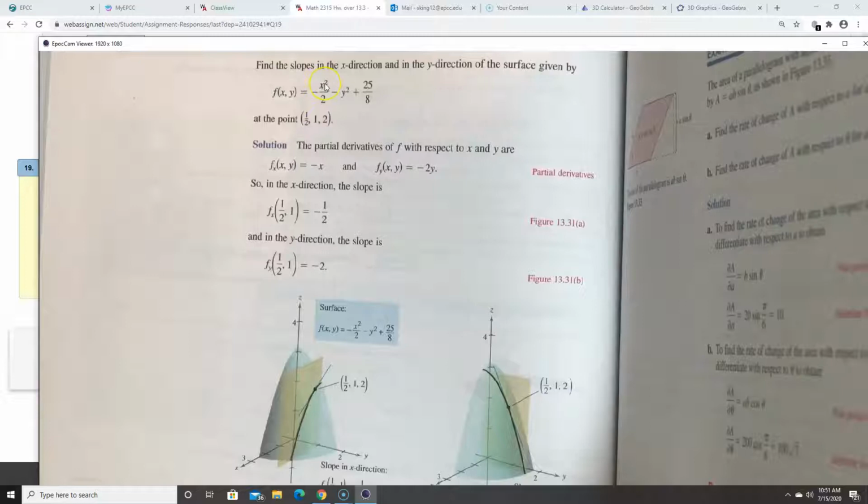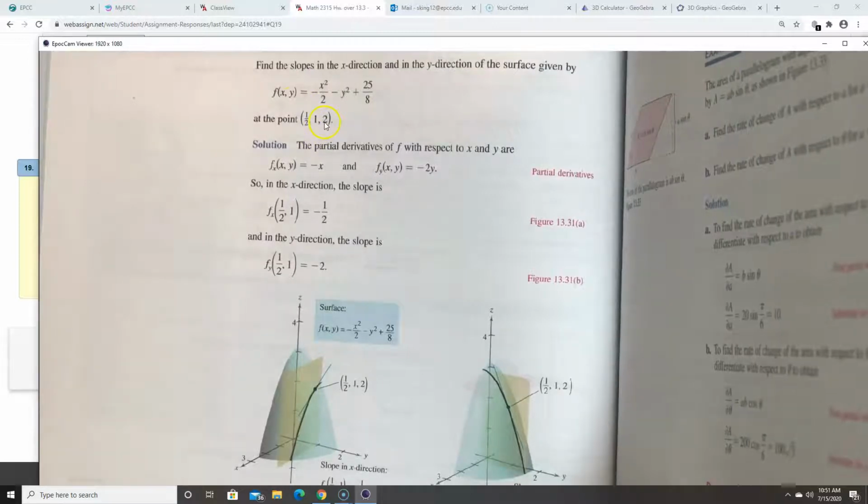If you plug those in and compute, you should get a mapping or range value, f of x y value or z value, all different ways of saying the same thing, equal to 2.